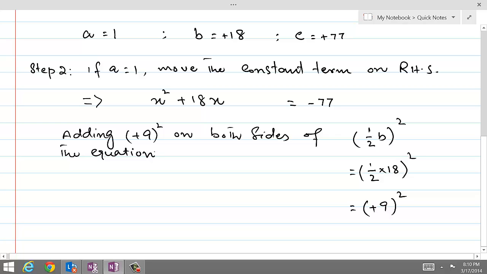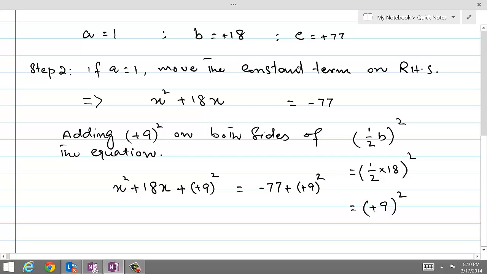This will give us the equation x squared plus 18x equal to minus 77. And if we add this plus 9, remember to include the sign, on both sides, adding something to both sides doesn't change the equality, plus 9 whole square.